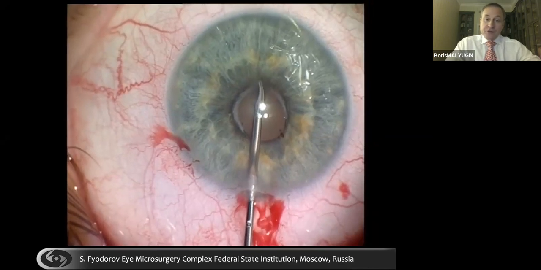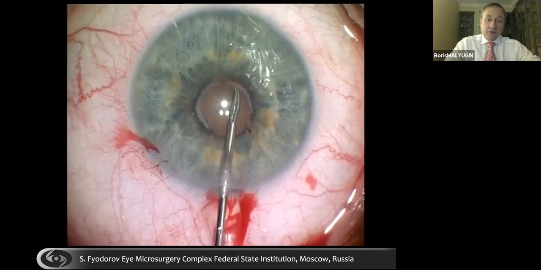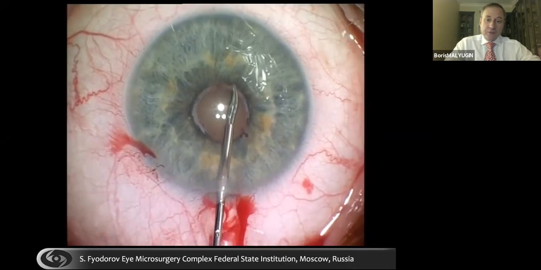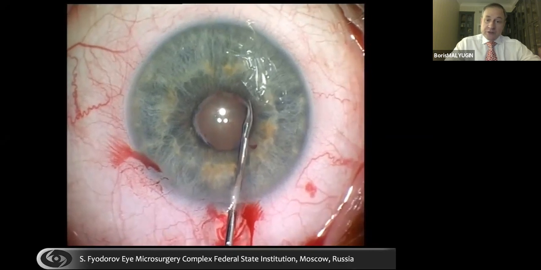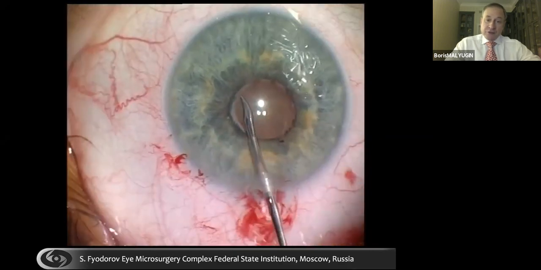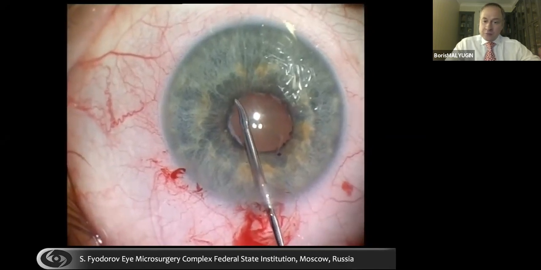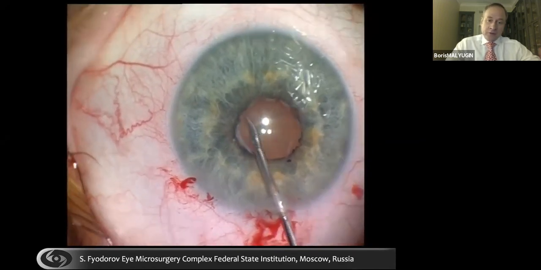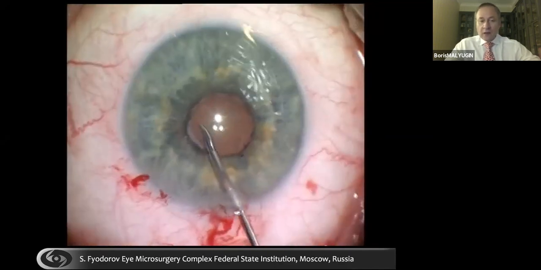One of the options to get rid of the pupillary membrane is to fragment it with micro scissors, as shown here. This is a 25 gauge instrument that is introduced through the main incision, and we can also introduce it through the side port incision and from different angles in order to cut this membrane.